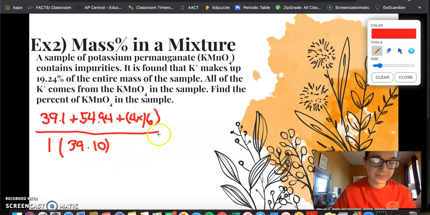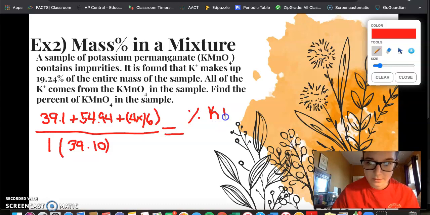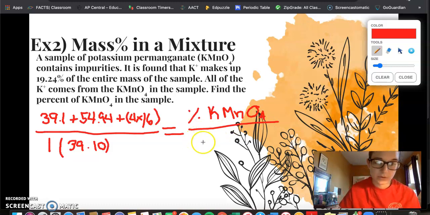Okay, so that's the ratio of the molar mass of potassium permanganate to the molar mass of a potassium ion. Then we set that equal to the percent of potassium permanganate, which is what we're trying to find, over the percent of potassium ion, which they give us in the sample, 19.24%.